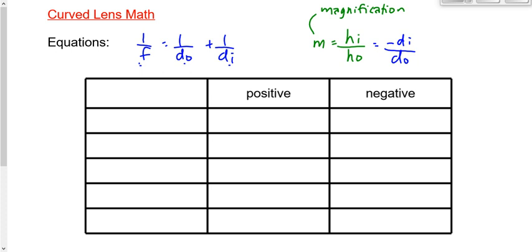But you have to label on it the magnification. It's how big the image is compared to the object. The size of the image compared to the size of the object. Think about what I just said. What does the word compare mean? Divide. The size of the image height compared to the size of the object, or divide it by the height of the object.